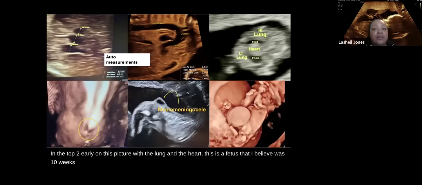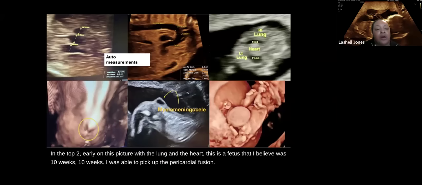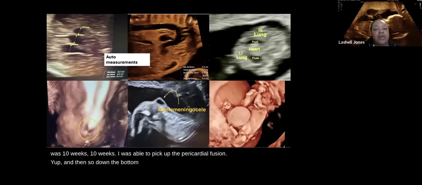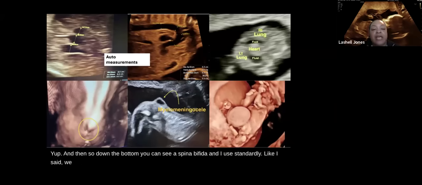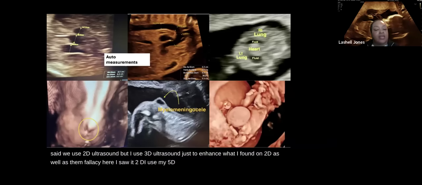At 10 weeks I was able to pick up the pericardial effusion. Down the bottom you can see a spina bifida. We use 2D ultrasound as standard, but I use 3D ultrasound just to enhance what I found on 2D, as well as the omphalocele here. I saw it on 2D, and I use my 5D here to get a good presentation of that omphalocele.